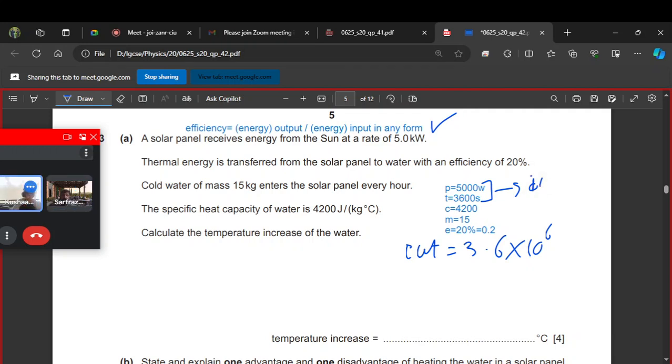Input energy. And for output energy, what formula have you used? I did 0.2 times 18 million to get 3.6 million. From where have you got 18 million?